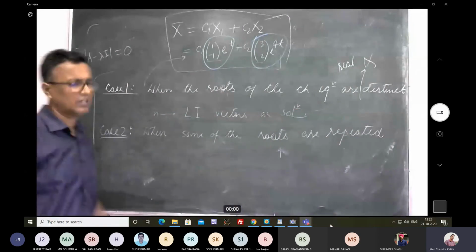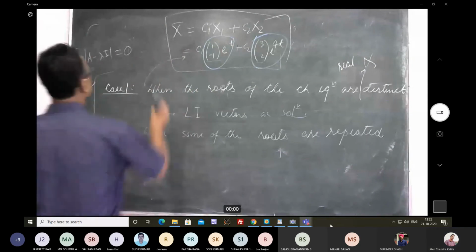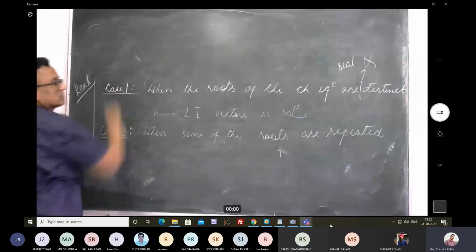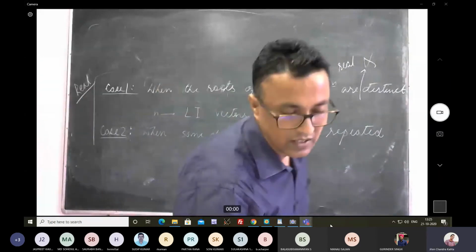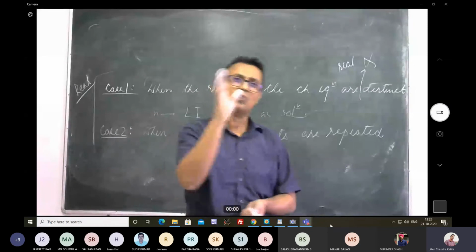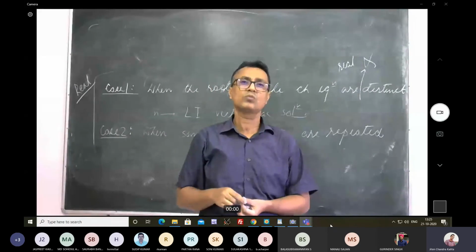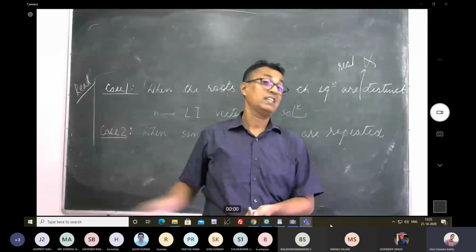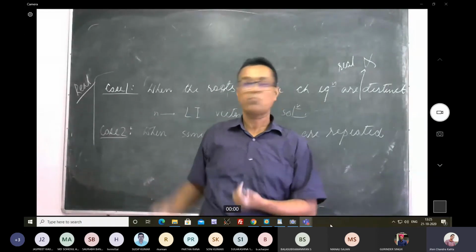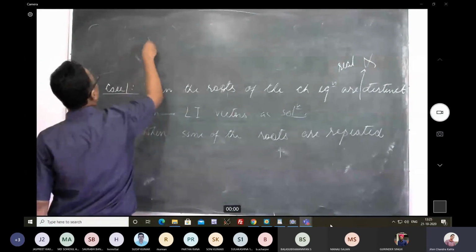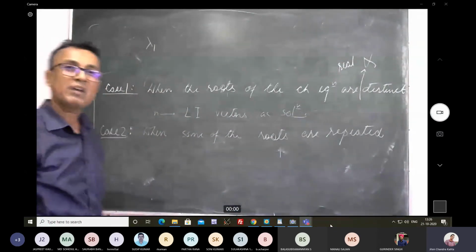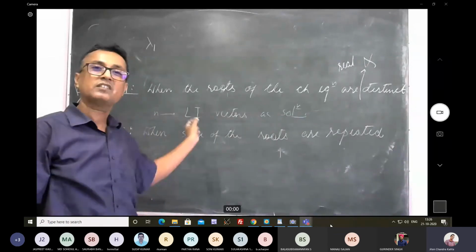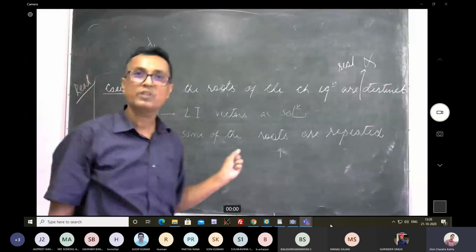So, do you know what you do then? So that brings me to the idea. You already know it. That means if some of the characteristic roots are repeated, say I have a characteristic root lambda 1 which is repeated, then it must be a characteristic root of some multiplicity which is greater than 1.